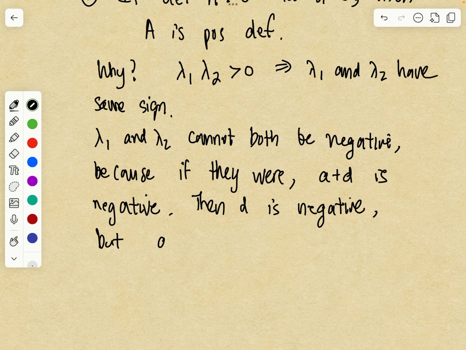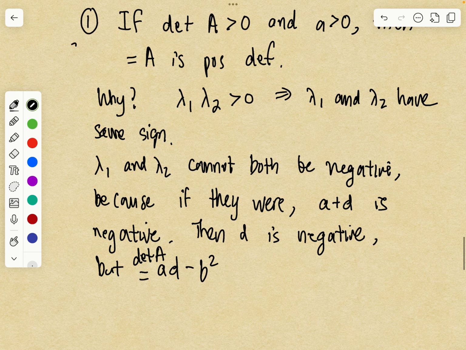okay, what would that mean? If you look at the determinant, AD minus BC, that's the determinant of A. If A is positive and D is negative, then AD is negative. Actually, C is equal to B, so this is actually B squared, right? So my matrix A is, I'm writing it like this.